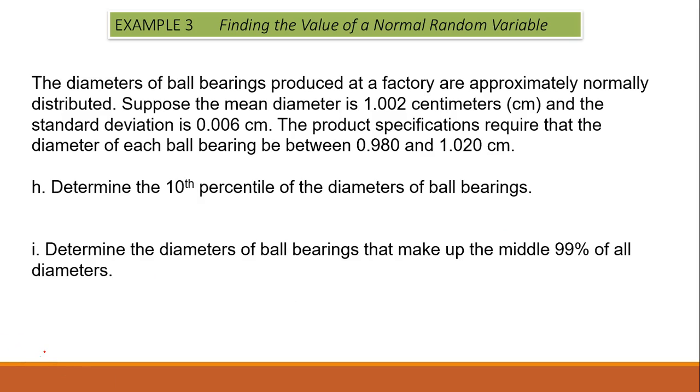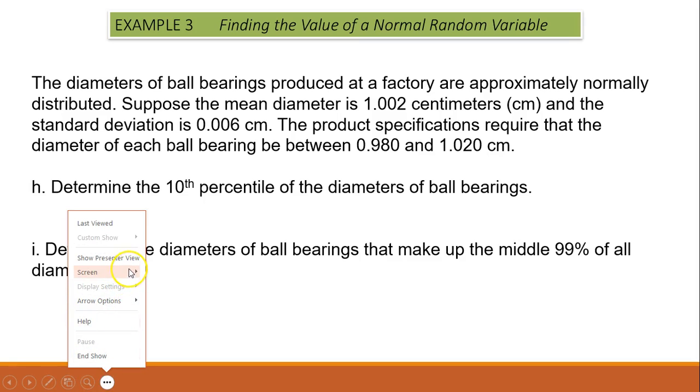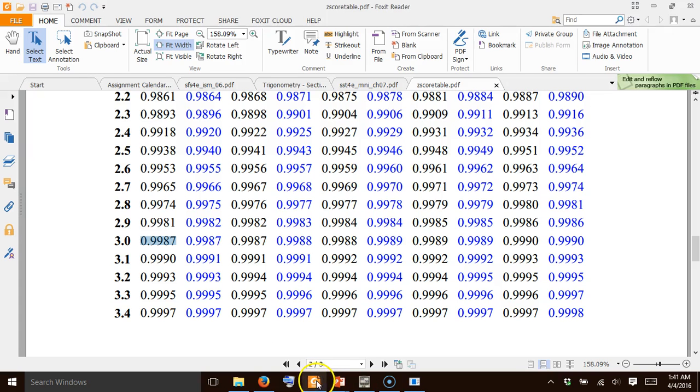Okay, part H, it is asking us to determine the 10th percentile of diameters of ball bearings. So for the 10th percentile, what we're going to do is look up the 10th percentile's corresponding z-score. So I'm actually going to do that on the table. Amongst these numbers here, we are looking for 0.10 or something very close to it.